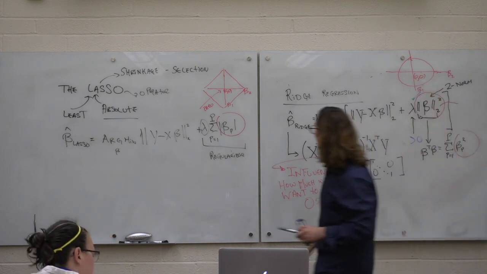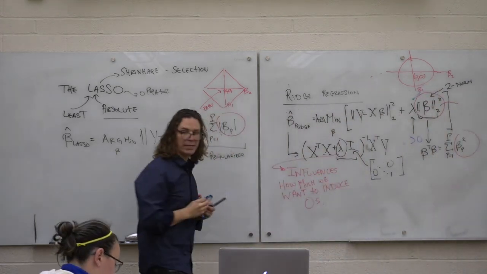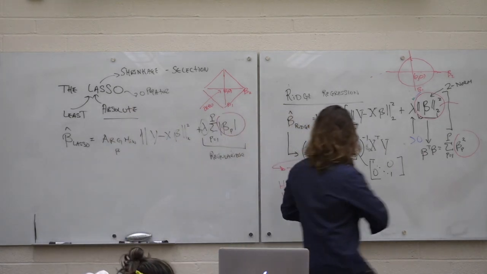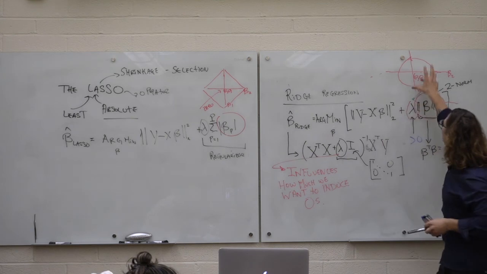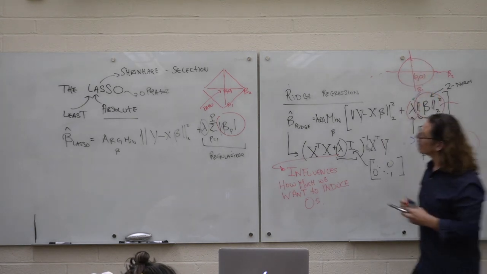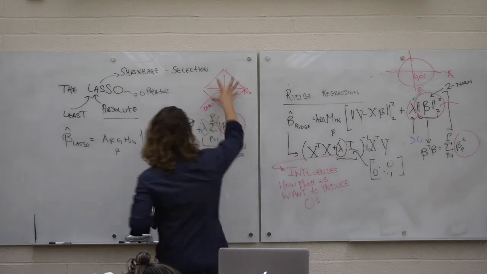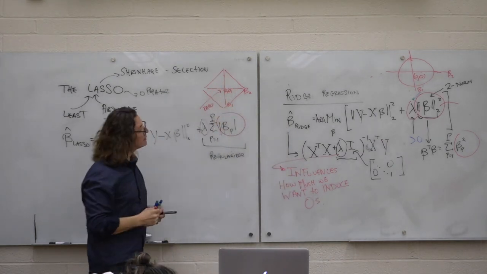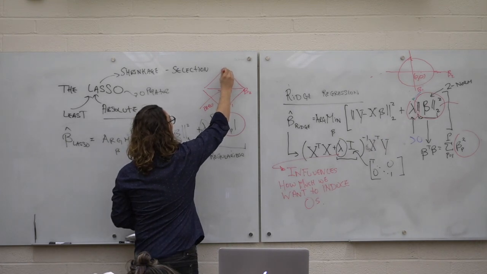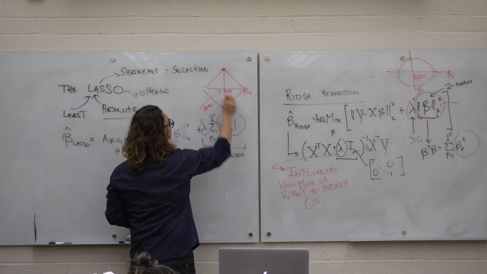So the penalty has a different functional form. Depending on what lambda is, it's going to shrink this circle, and in the lasso case it shrinks this diamond. But what I want you to notice is that there are sharp little corners at the 0 points.